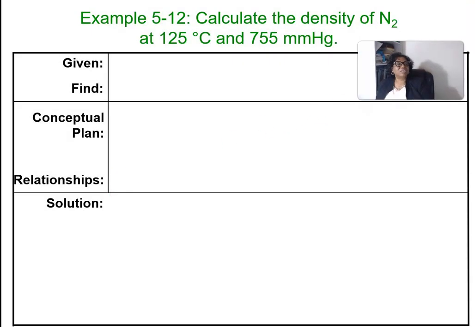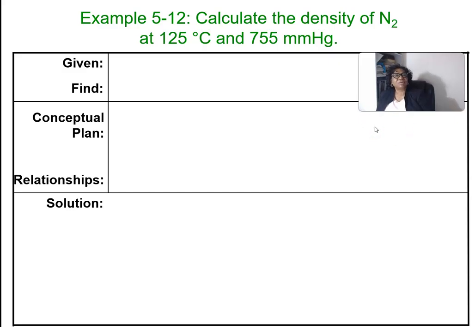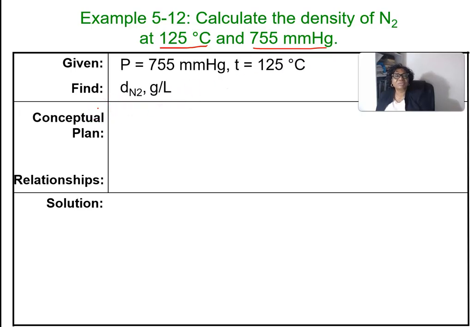So let's find the density of nitrogen. Calculate the density of nitrogen at 125 degrees Celsius and 755 millimeters mercury. We need to change this unit to Kelvin, and this to atmosphere. Then we can find the density.